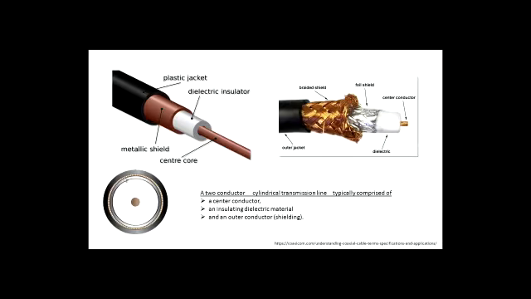This is what the cable looks like if you're looking into it, a cross section. A coaxial cable is a two-conductor cylindrical transmission line, typically comprised of a center conductor, an insulated dielectric material, and an outer conductor that also serves as shielding. So that's the basic anatomy of a coaxial cable.